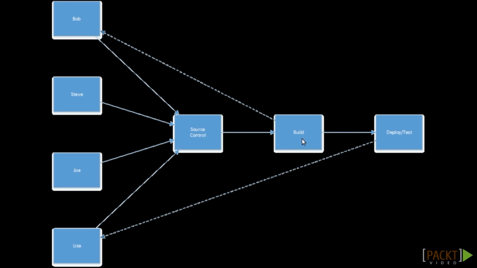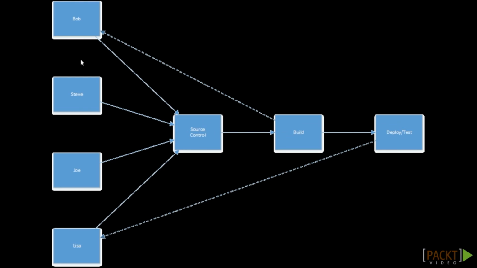Hopefully it's Gradle. And then there may be an error that comes out of here. Again, it has to flow back to the developer. The developer fixes it, puts it into source control. We're going through the build again. And then we would get down to that same deploy test area, and that may turn out a bug. That's got to go back to a developer and come through again.